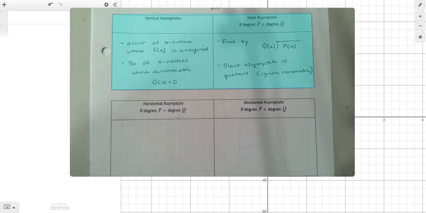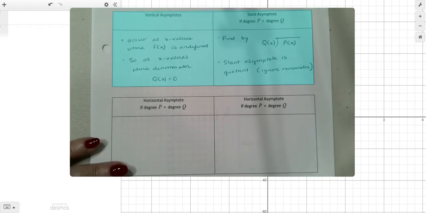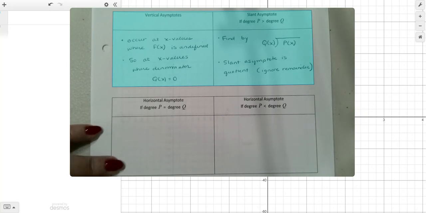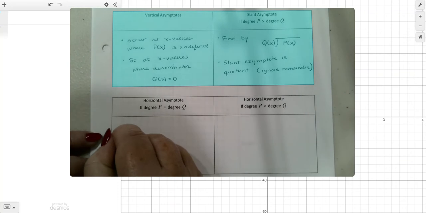The other possibility is that we've got a horizontal asymptote, and there's actually two ways that might happen. One is if the degree of the numerator is equal to the degree of the denominator. In that case, we get a horizontal asymptote, which we can find by taking the ratio of the leading coefficients.